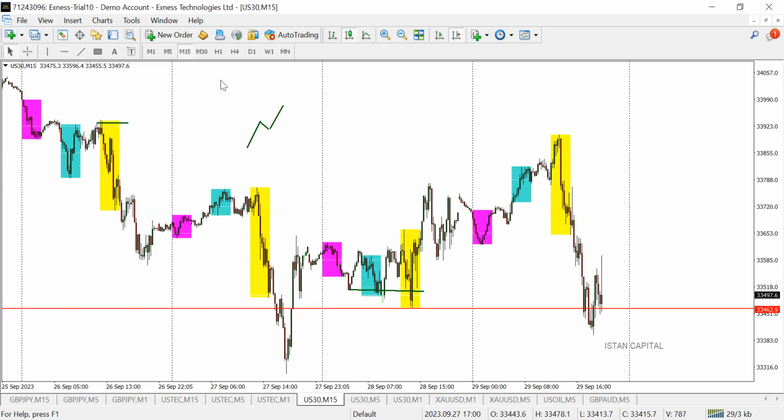I want to see a break of structure before the session starts, or during the session. Once I see the break of structure right here, after 3 levels of rise, now this could be inverted and it could be 3 levels of drop.